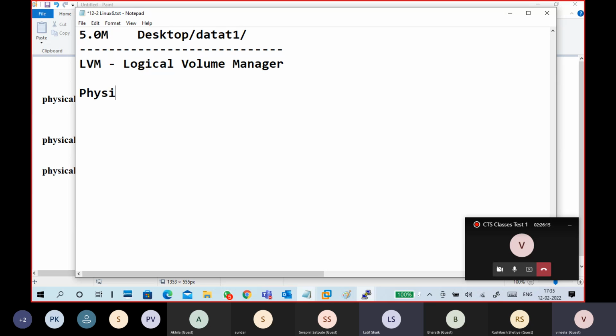Again, guys, remember, physical volume means your physical hard disk. Don't ask whether this is a virtual hard disk. No, it means a physical disk, a single disk.